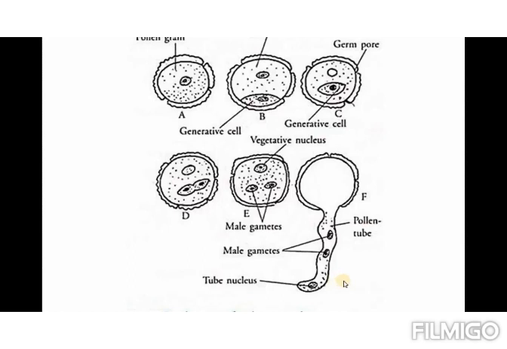At the same time, from the ovary, one chemical will be secreted, and because of that chemical, this pollen tube will go downward and increase in size. So through the style it will go downward, and it will carry 2 male gametes and one tube nucleus. Afterward, this tube nucleus will degenerate.